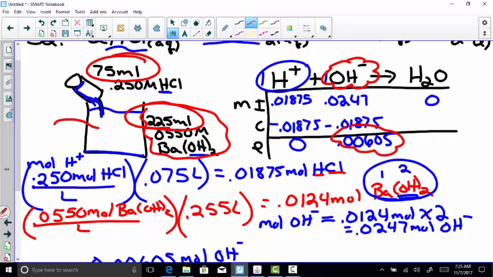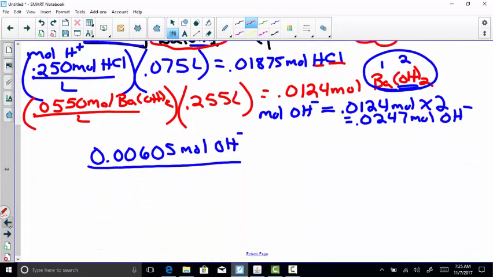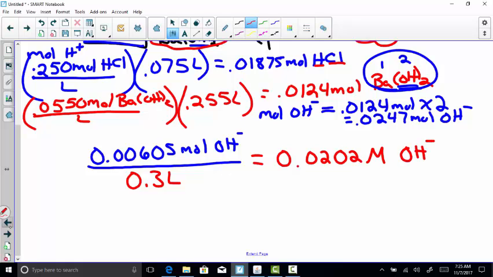So right in here right now is a total of 300 milliliters. So my volume is 300 milliliters, which is 0.3 liters. So I have to divide the moles by 0.3, and that should give me a molarity of 0.02, and then depending on how far out you take it, 0.2 molar hydroxide ions. And that's all that this problem asked for.